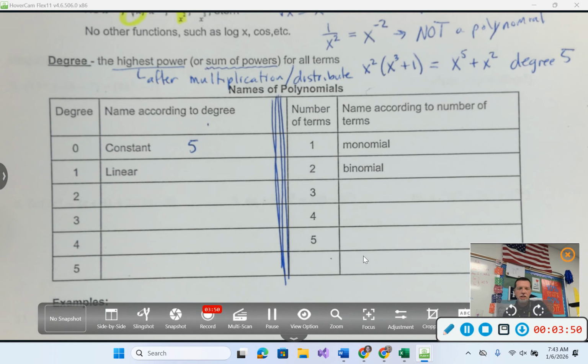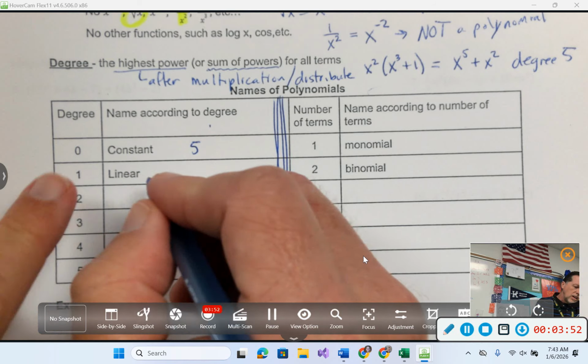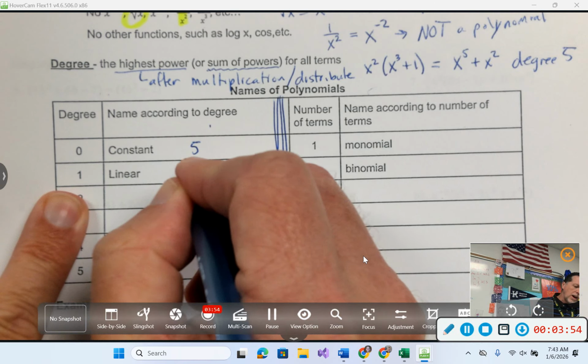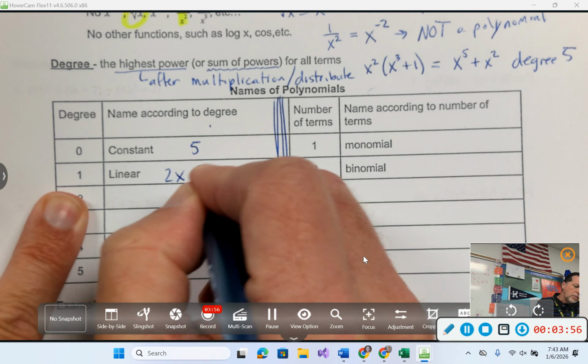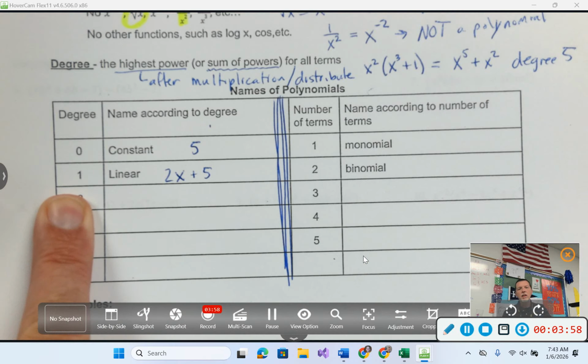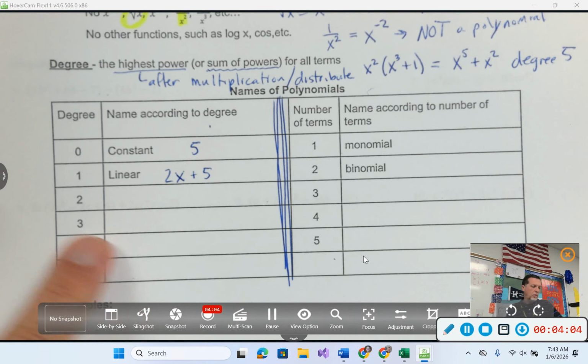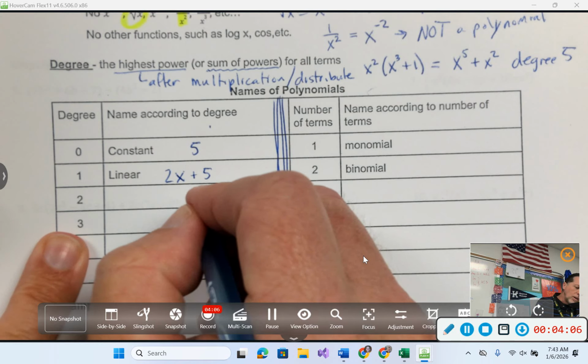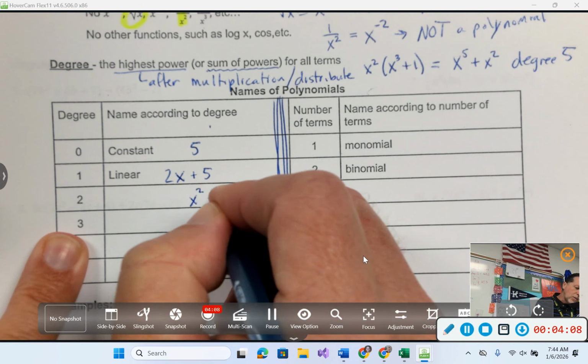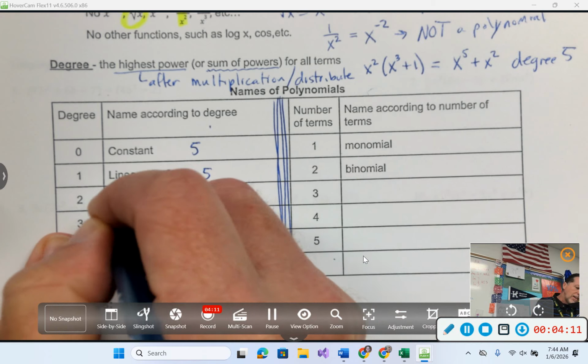Nothing's changing. If the degree is 1, so maybe we have 2x plus 5, well, that's a line. You know what that is. I think you know what the next one is as well. If the degree is 2, so if we have x squared plus 2x plus 5, that would be a quadratic.